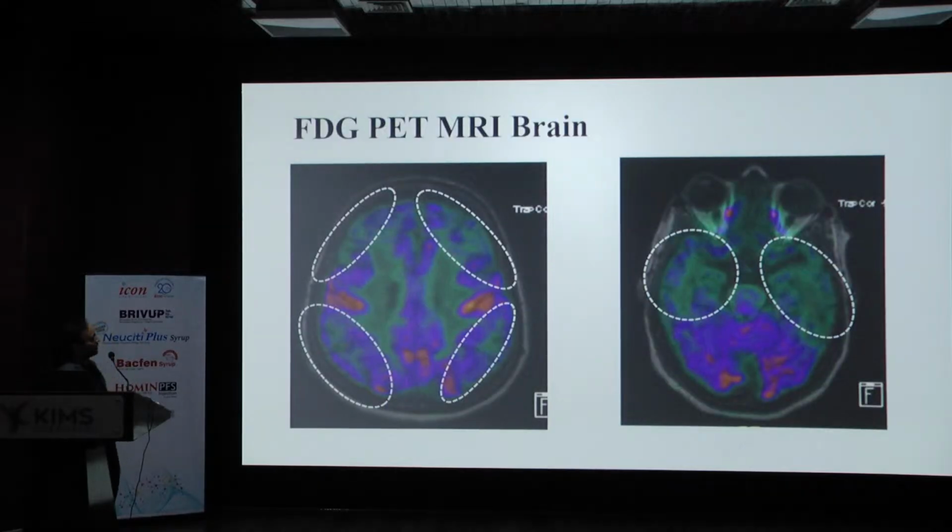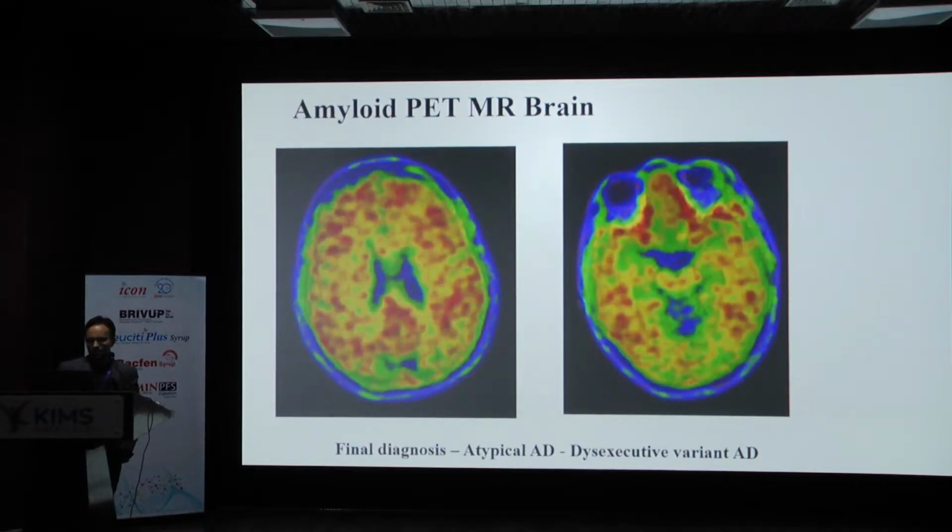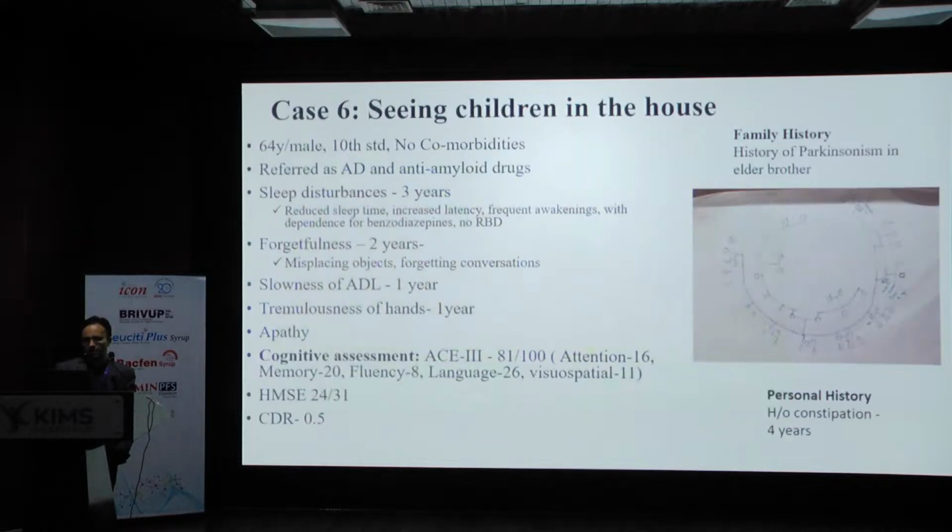And this is the PET pattern, again hypometabolism in the bilateral dorsolateral prefrontal cortex, and the temporal lobes are also involved. The posterior cingulate was also hypometabolic in this patient, and the amyloid scan was again positive. Again, as I mentioned, visual read is positive, but quantification and the biomarker levels of this patient are pending. So again, this is a case of an atypical dysexecutive variant of AD.